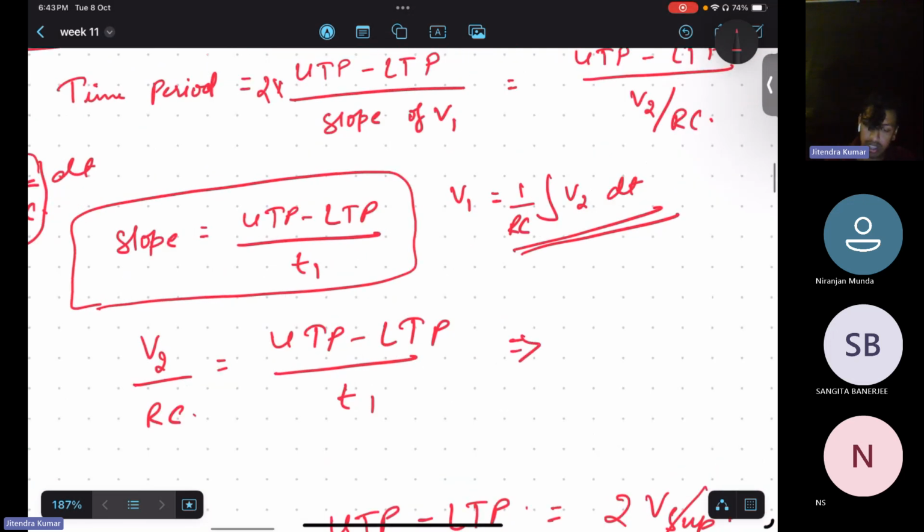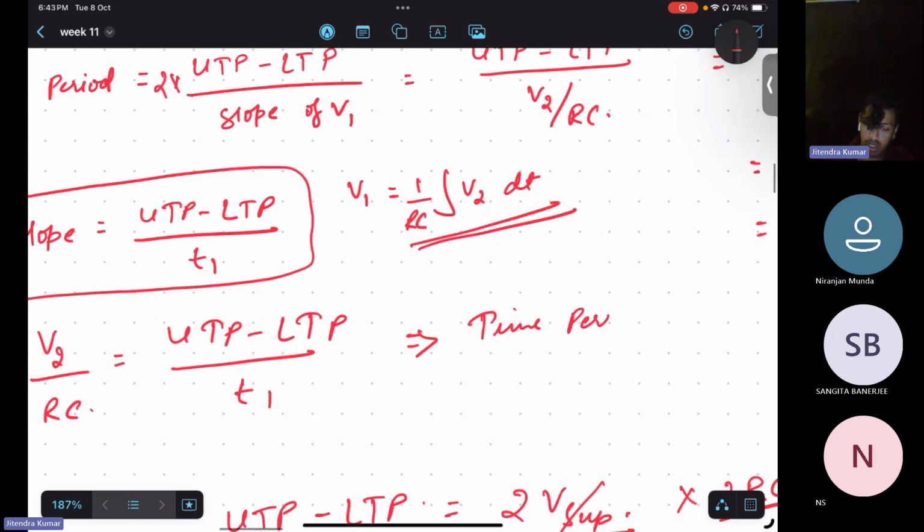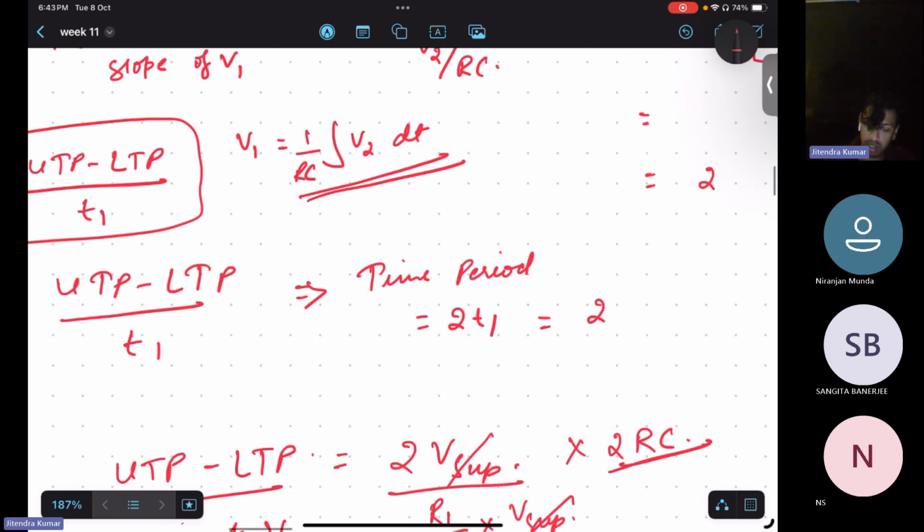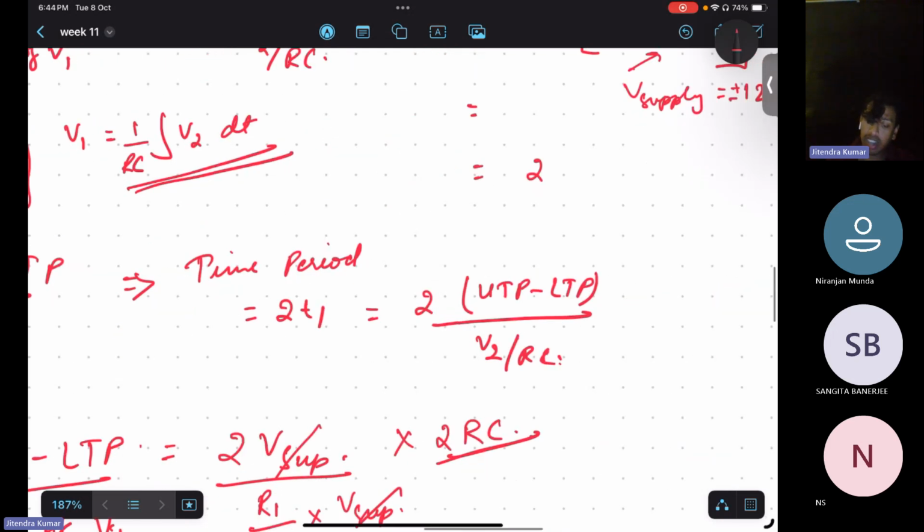Now time period is nothing but 2 times T1, and 2 times T1 is equal to 2 times UTP minus LTP divided by V2 by RC. So this is the expression. Either you directly plug in the value of UTP minus LTP and V2, since you anyway know the supply, or you can calculate it, or you can further simplify.